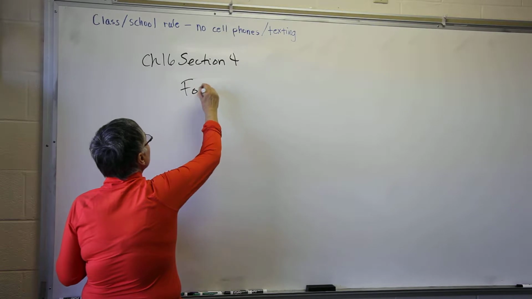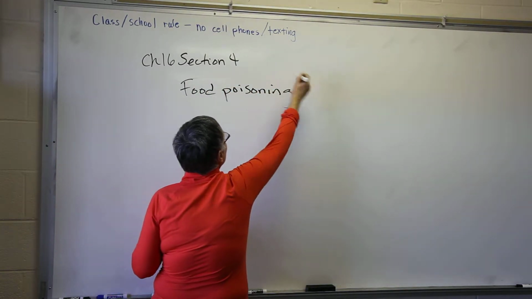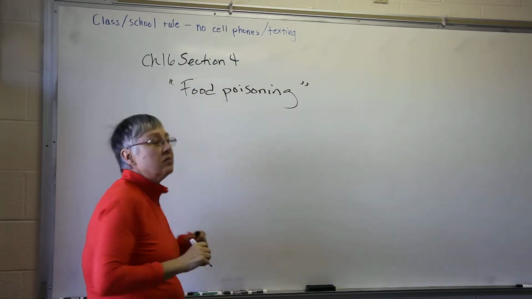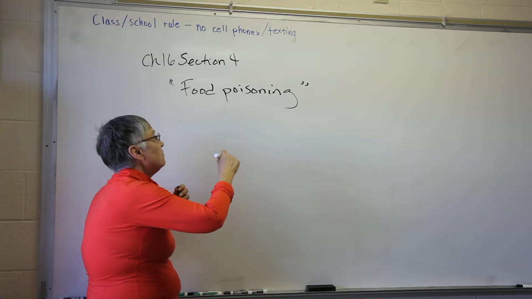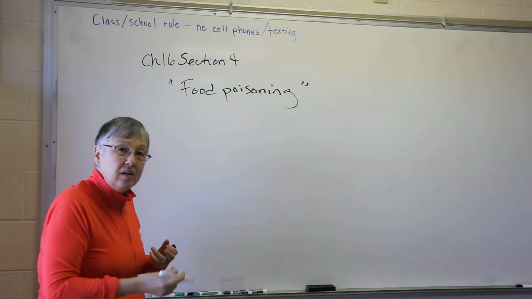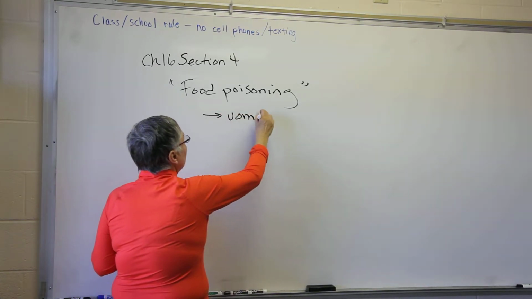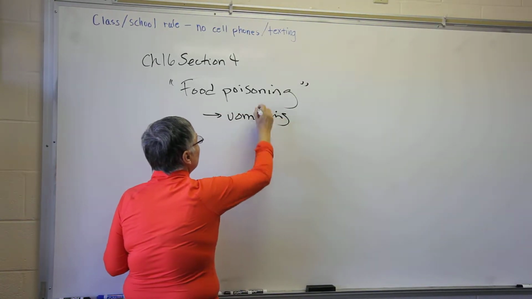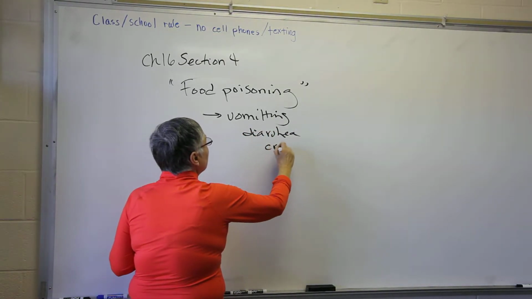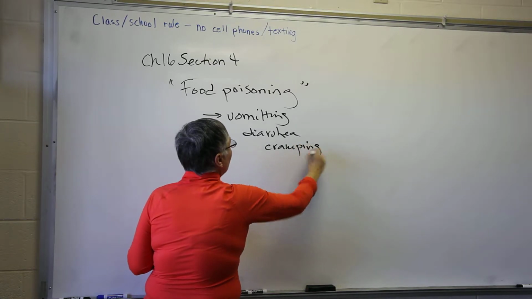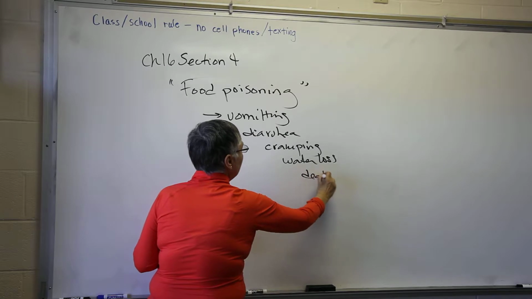So what we usually refer to as food poisoning is ingestion of food that's contaminated with some kind of bacteria that typically causes vomiting, diarrhea, cramping, water loss, and sometimes even death.